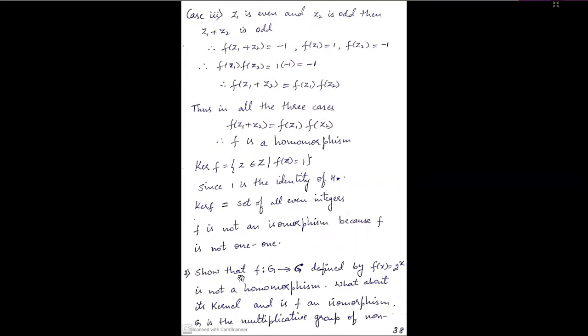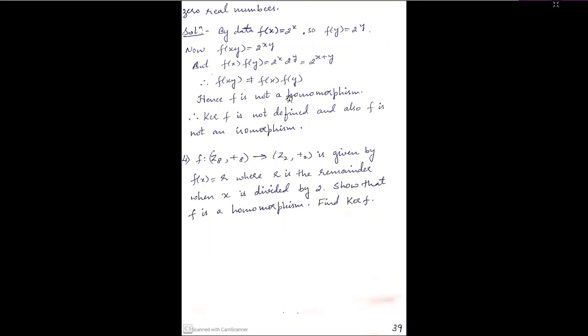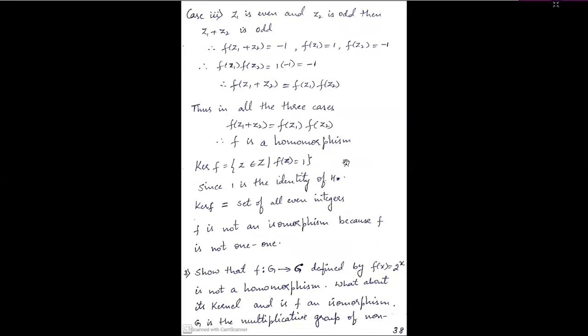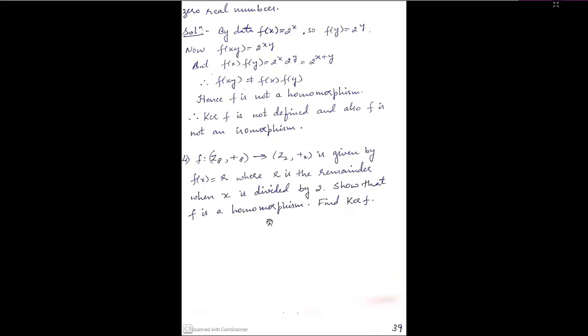Next one: show that F from G to G defined by F of X equal to 2 power X is not a homomorphism. What about its kernel, and is F an isomorphism, where G is the multiplicative group of non-zero real numbers. By data, we have F of X equal to 2 to the power X, so F of Y is also 2 to the power Y. Now we consider it a group under multiplication, so we need to consider F of XY.